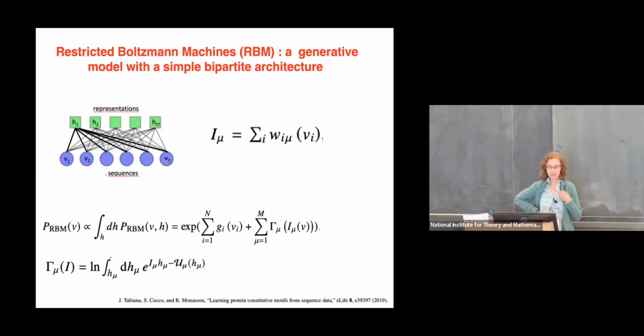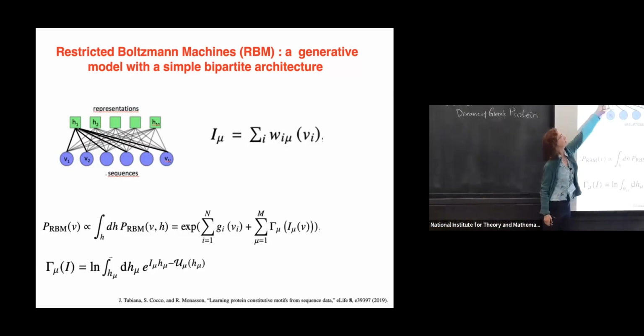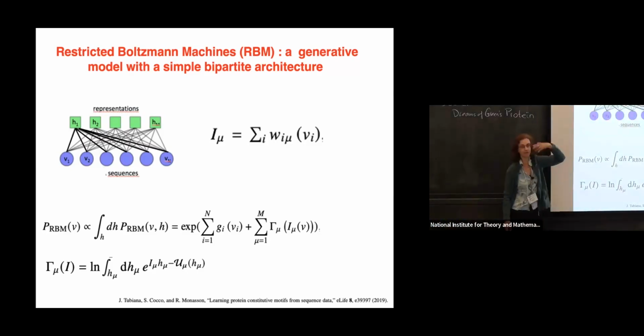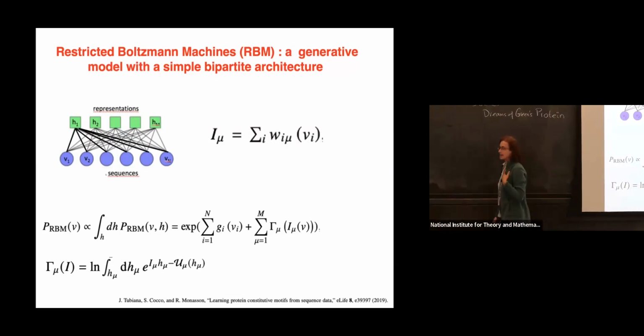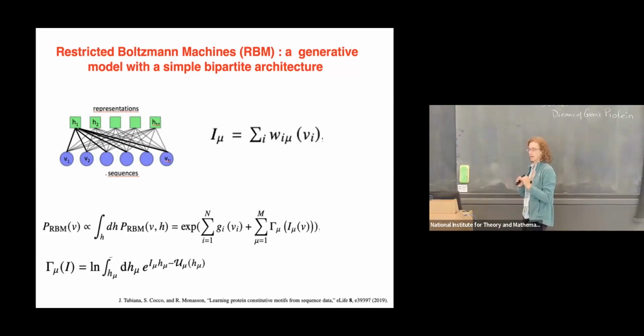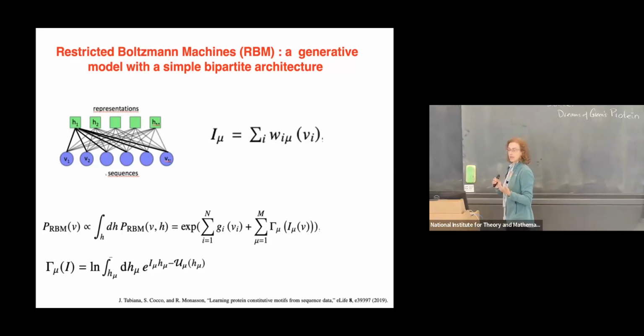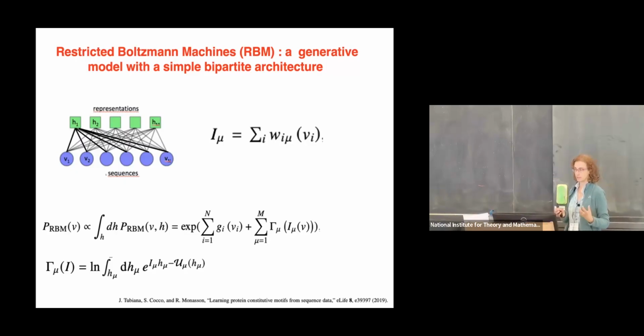The nice thing of this machine is that you go from the sequence space to a hidden units space, which is the feature space or the representation space. And normally this space can give you a dimensional reduction of the sequence space.